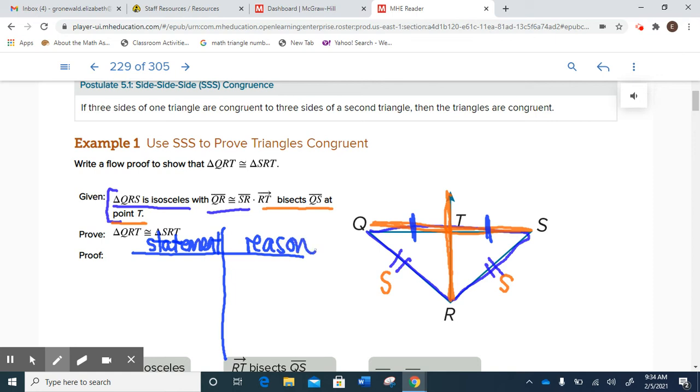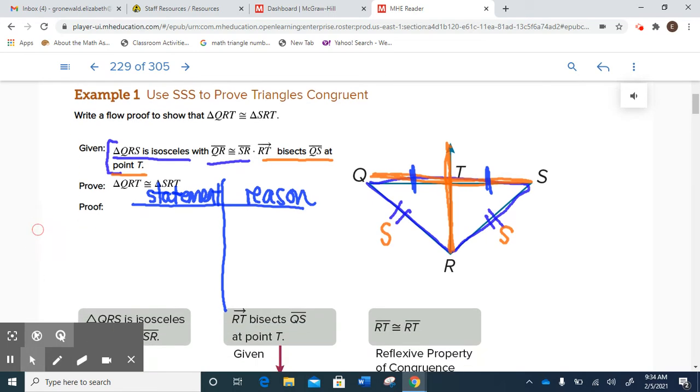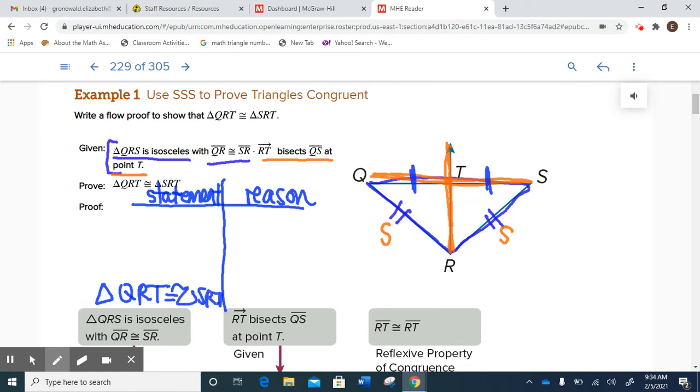Once again, we are trying to prove that the left triangle and the right triangle are congruent to each other. So the proof part is going to go very last, at the bottom. So triangle QRT, triangle SRT. And that's where I want to try and end.